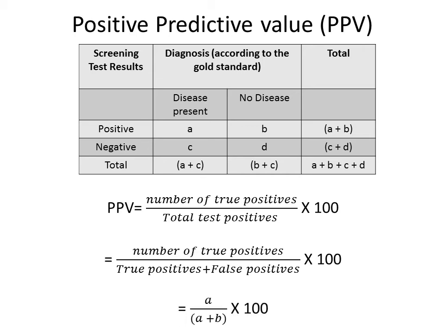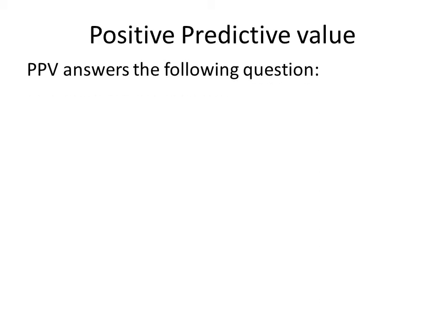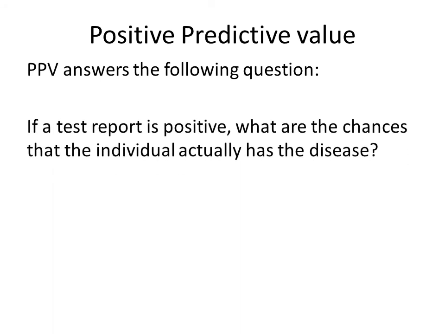That is, A divided by A plus B into 100. Positive predictive value answers the following question: if you have a test report that is positive, what are the chances that you actually have the disease?